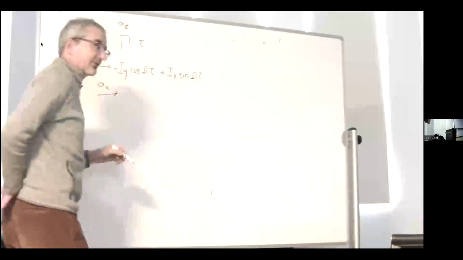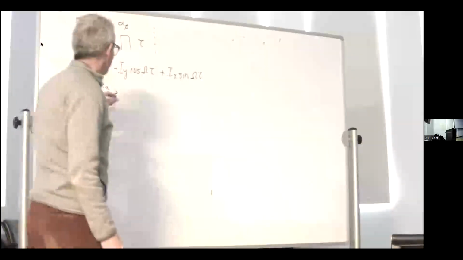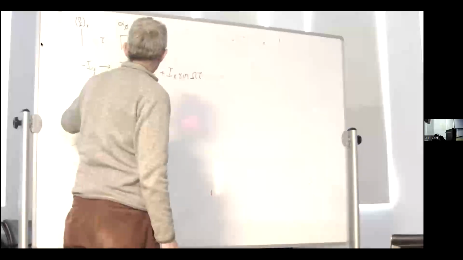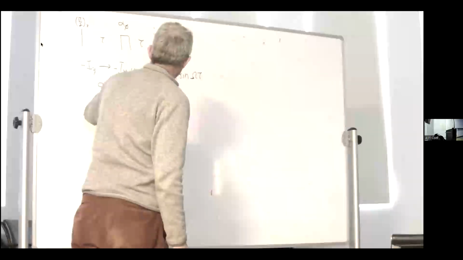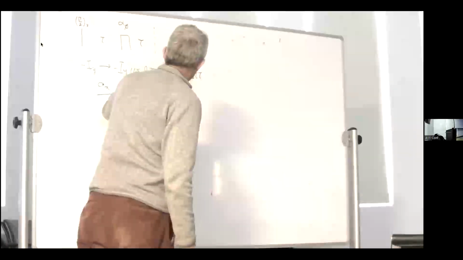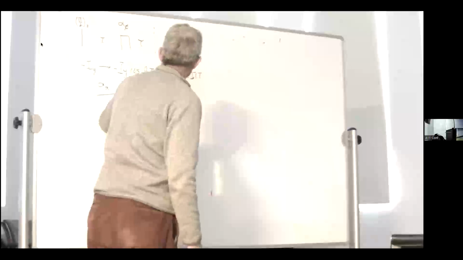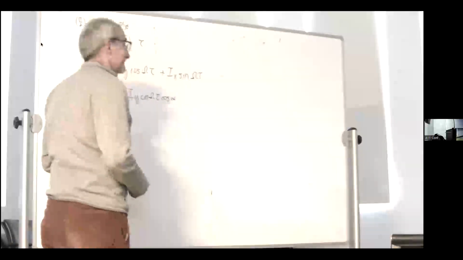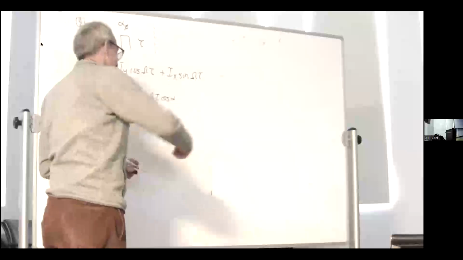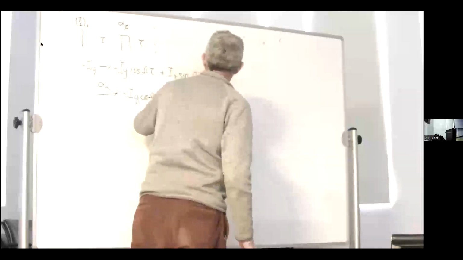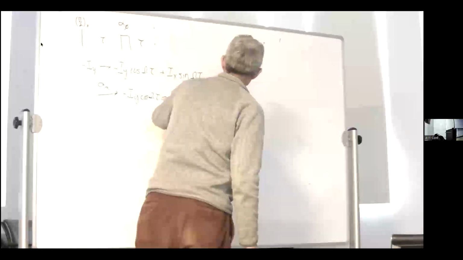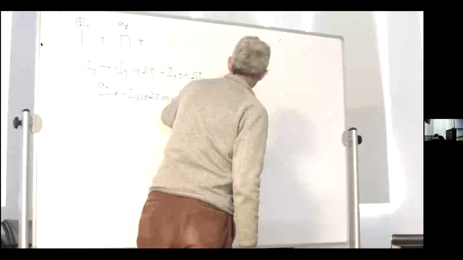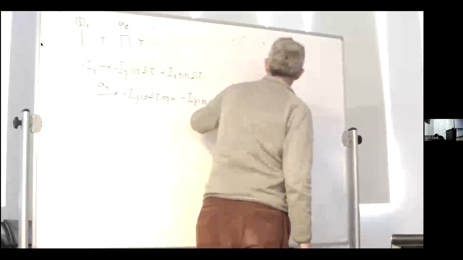And suppose the first pulse was an x phase, then this becomes minus Iy cosine omega tau cosine alpha. And x phase takes minus Iy to minus Iz, and does nothing to Ix.